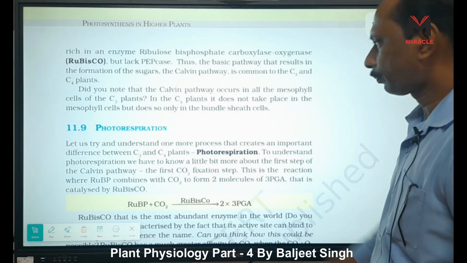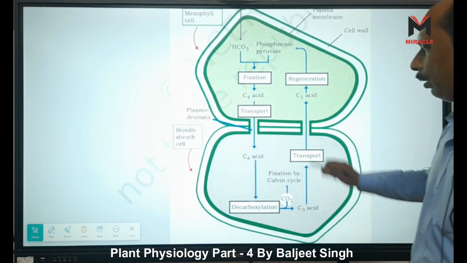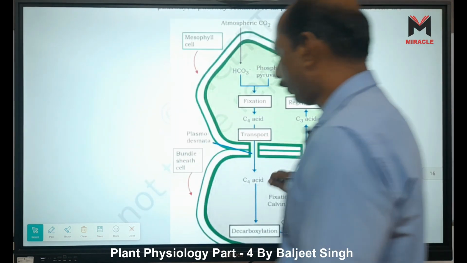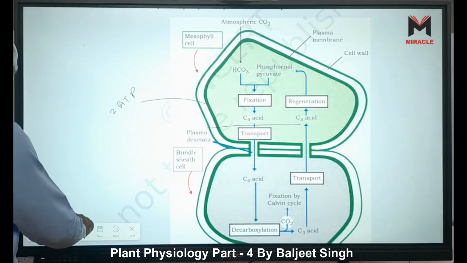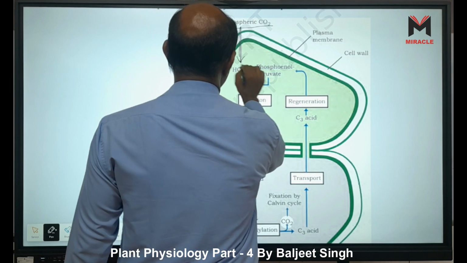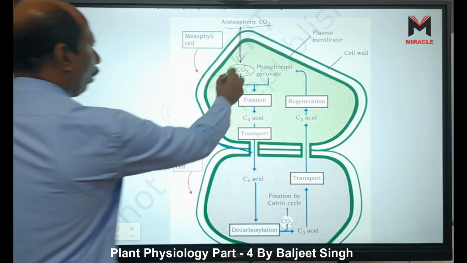Now this figure, first we understand this figure. What is given here? Look, from the atmosphere CO2 comes. CO2 is converted into HCO3. How is it converted?